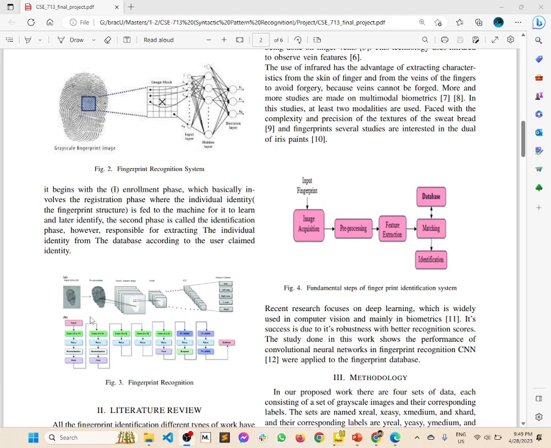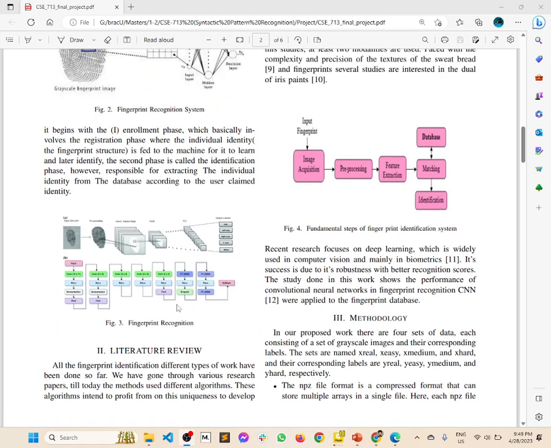Here we separate this for a better visualization, and actually it works like this in this particular figure.